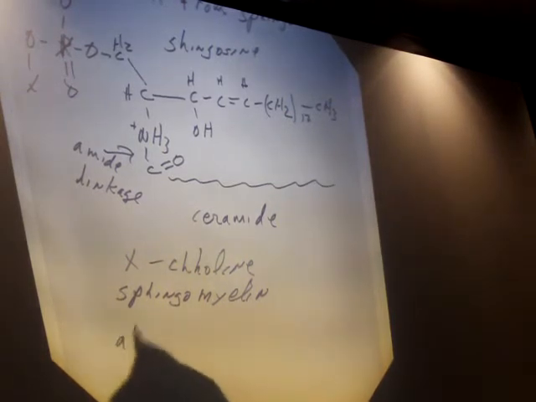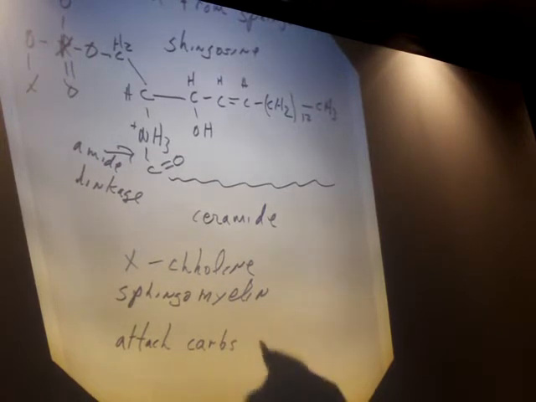Now, in the laboratory in 300, you're going to be doing something with recognizing carbohydrates on the surface of cells, and very commonly you attach carbohydrates to this O group right here.